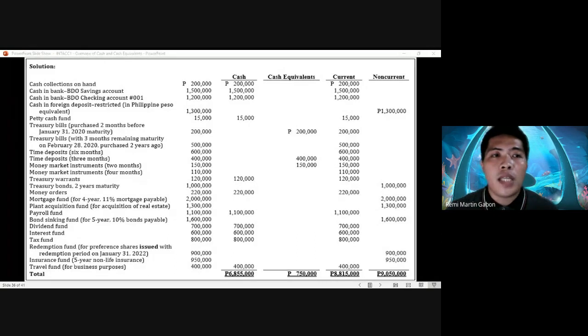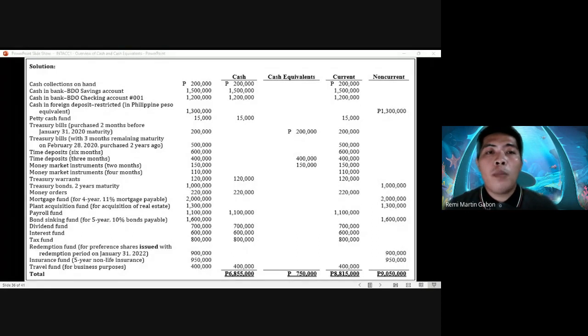So therefore, cash collections on hand will be automatically part of cash, and being part of cash, part na rin siya ng current assets. I hope nagigets yun. Next, for cash in bank, BDO savings account, yung 1,500,000. Walang other information provided in the problem.